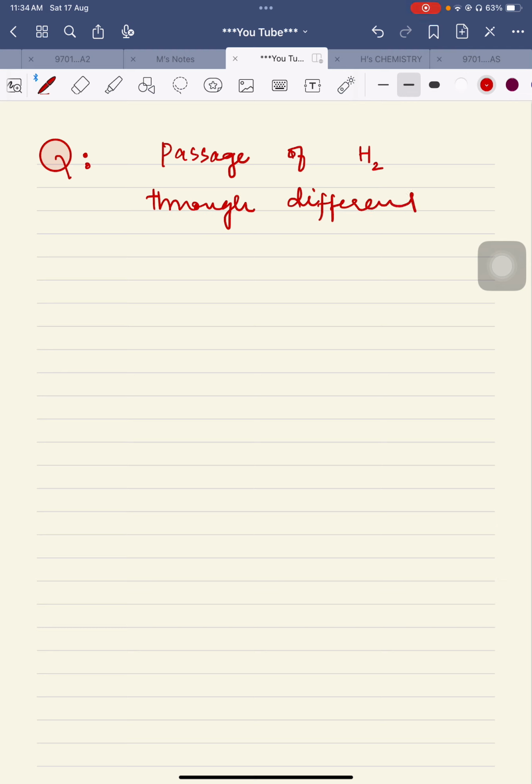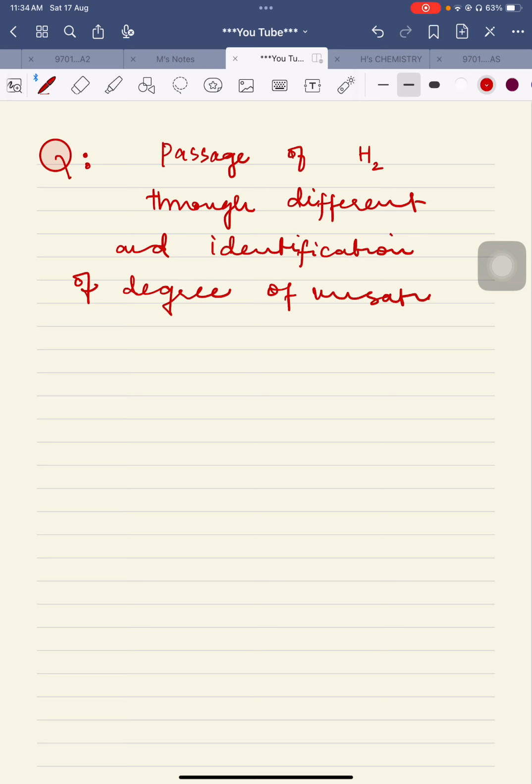The examiner has given different oils. We can consider any name of the oil. And identification of degree of unsaturation. So this will be our next heading.